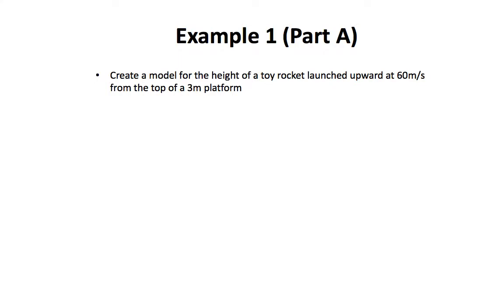In part A, we want to create a model for the height of a toy rocket launched upwards at 60 meters per second from the top of a 3-meter platform. Model is just a fancy word for equation. The other key pieces of information here are the initial vertical velocity of 60 meters per second and the initial height of 3 meters.